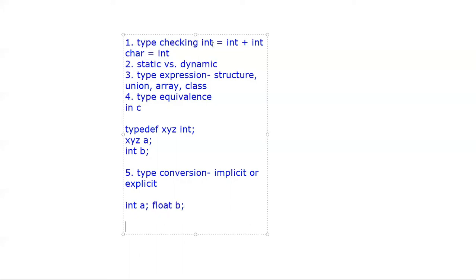Now I'm defining b is equal to a. Now b is a float, a is an integer. What is the meaning of that? It is a type unequivalence, which means you are trying to store an integer into the float.